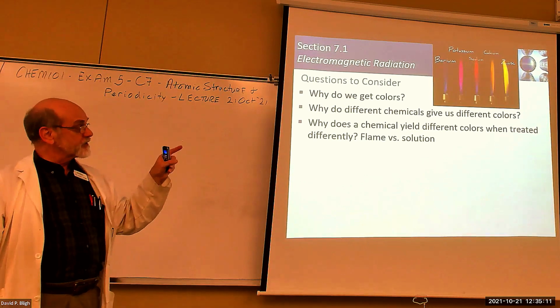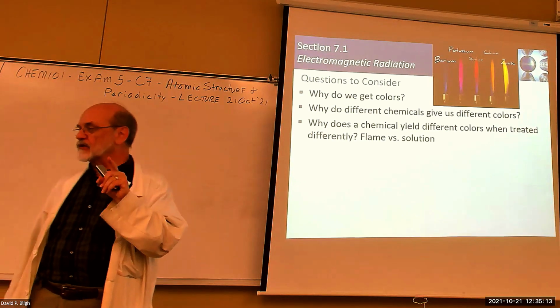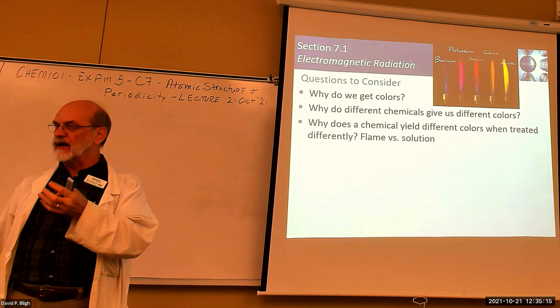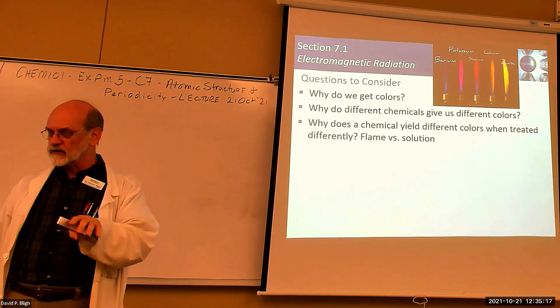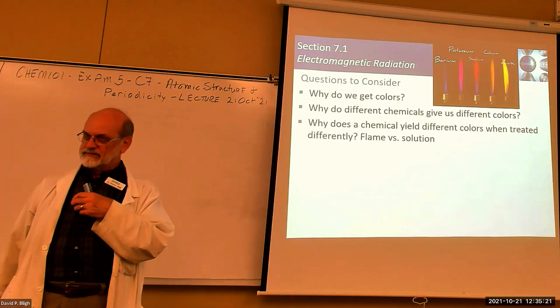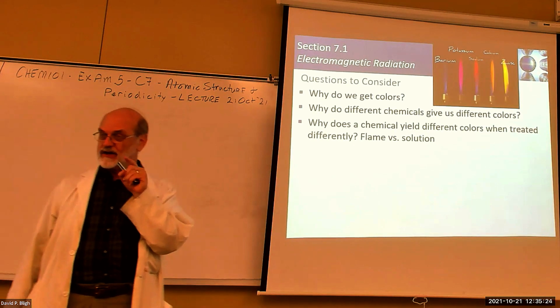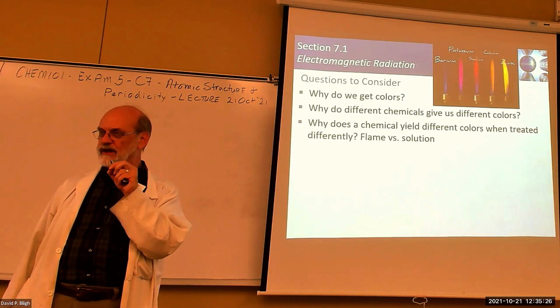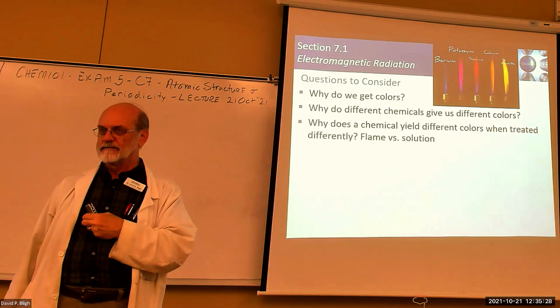So these elements, if we put them in solution or in a different compound and go into aqueous solution, we get different colors. So there's something else going on there besides just the individual element emitting light.